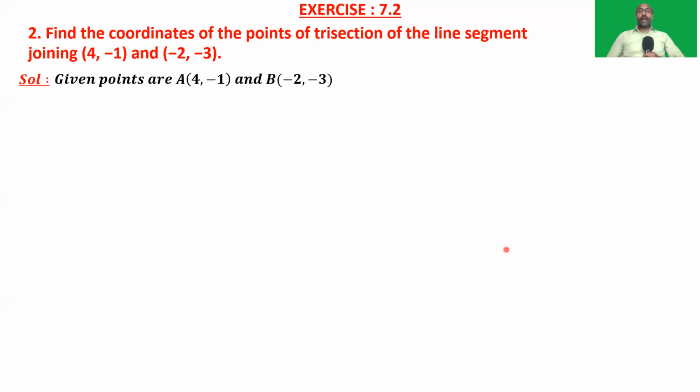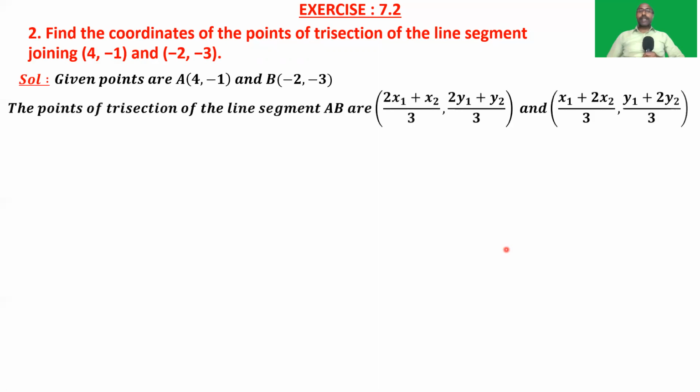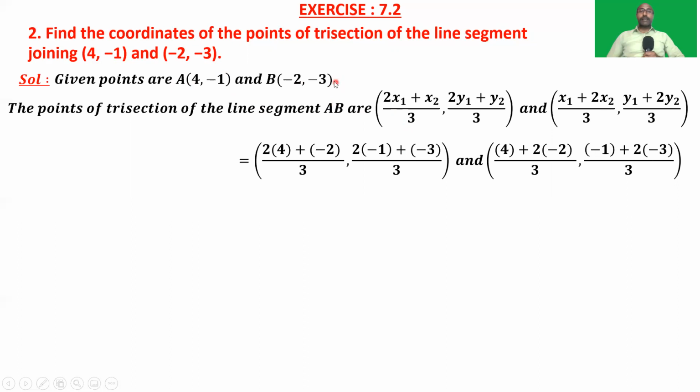Already we have seen that the points of trisection of the line segment AB are 2x1 plus x2 by 3 comma 2y1 plus y2 by 3 and x1 plus 2x2 by 3 comma y1 plus 2y2 by 3. So substituting this x1 y1 and x2 y2 in this formula, we get 2 into 4 plus minus 2 by 3, 2 into minus 1 plus minus 3 by 3, as well as the second trisection point, x1 plus 2x2 by 3, that is 4 plus 2 into minus 2 by 3 comma minus 1 plus 2 into minus 3 by 3.